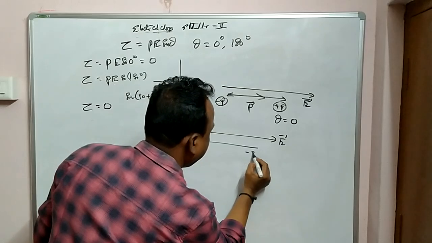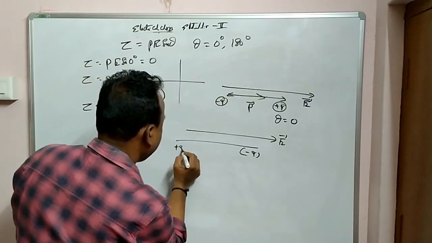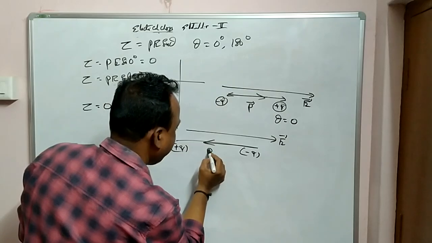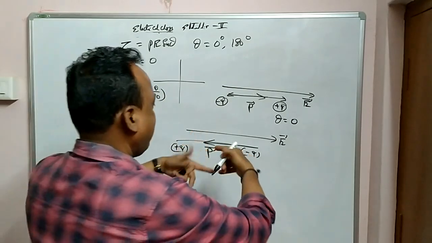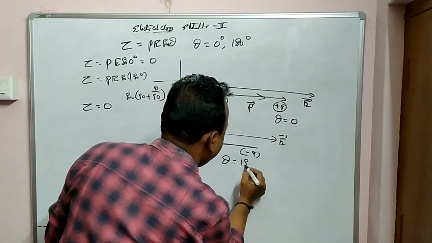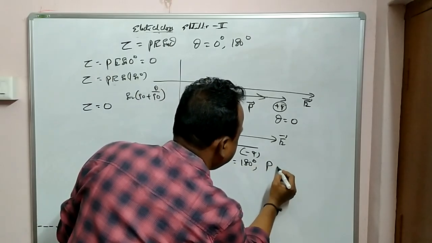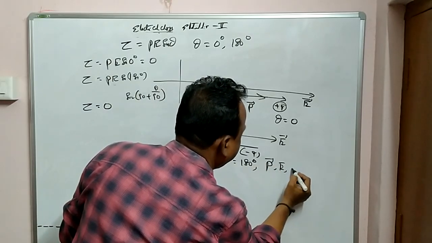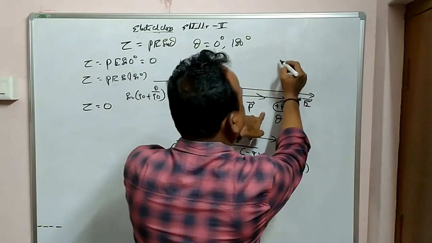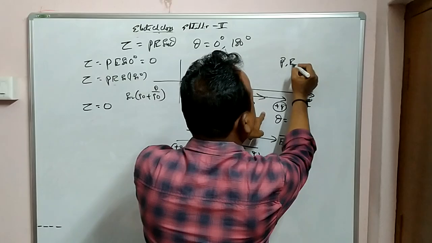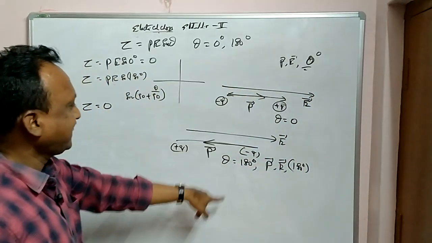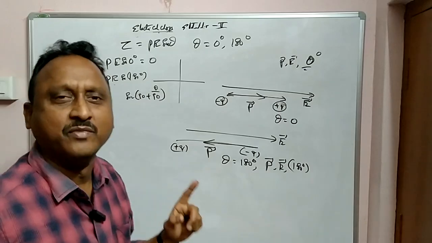Now see here, minus Q plus Q, this is the direction of the vector. Now you can see what is the angle between this P and E. So here theta is equal to 180 degrees because the angle between P vector and E vector is 180 degrees here. Here the angle between P vector and E vector is 0 degrees. So in such cases, torque is minimum.